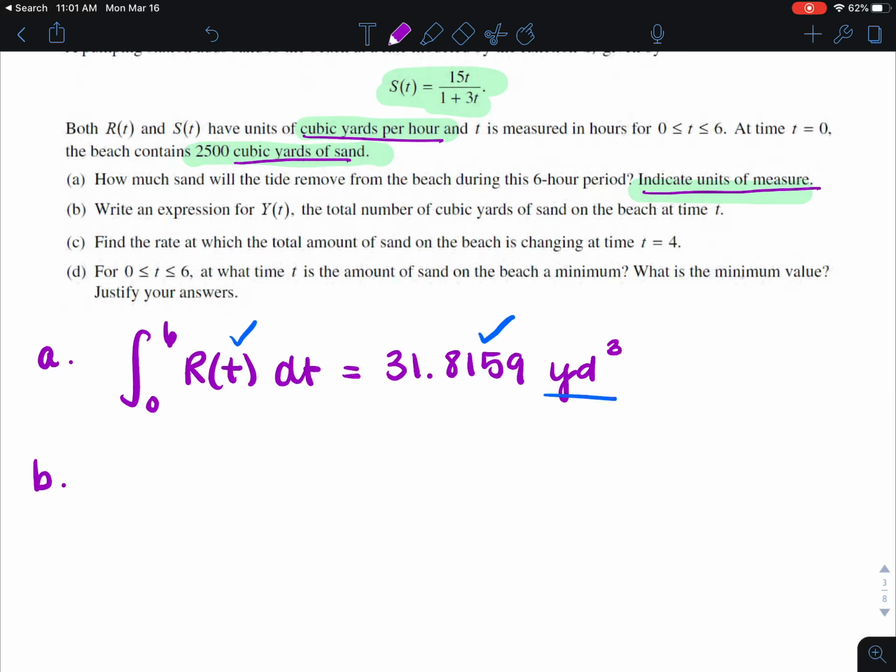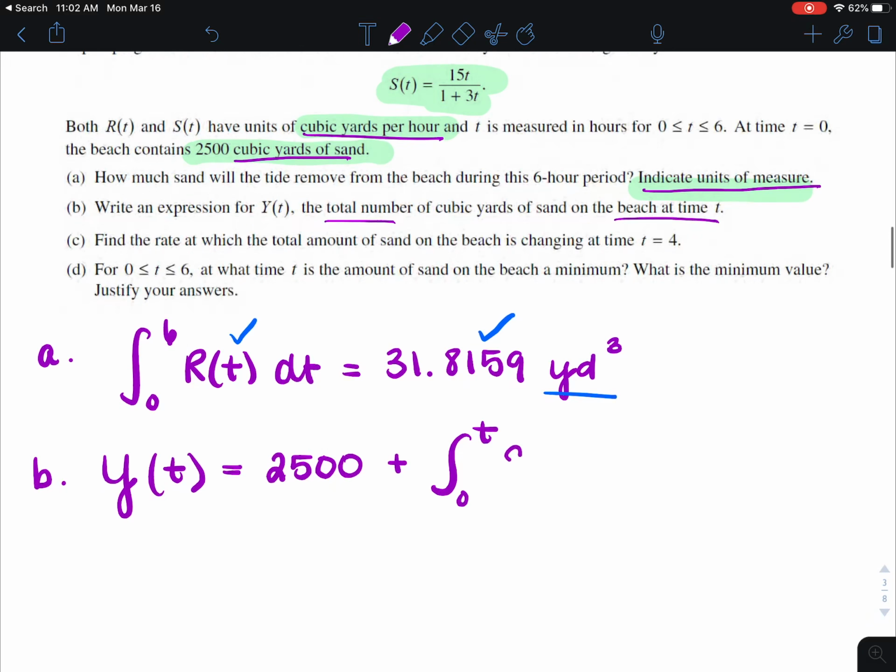Part B says write an expression for y of t. So the first thing you should write down is that whatever expression we're coming up with is called y of t, and that it's going to be the total number of cubic yards on the beach at time t. So we already start with our initial condition of 2,500 cubic yards plus our integration from time 0 to time t. If we were talking about how much is on the beach, we have to start with how much we're adding to the beach minus the removal rate.